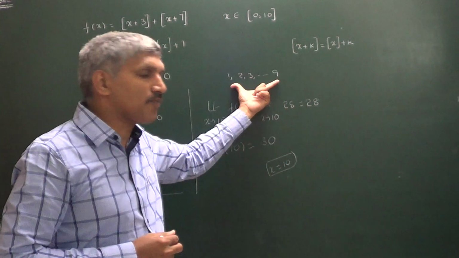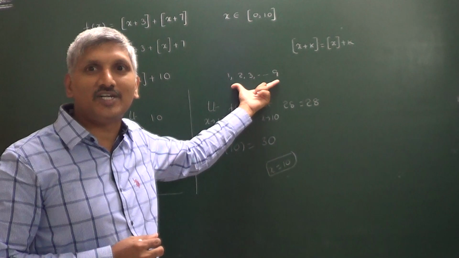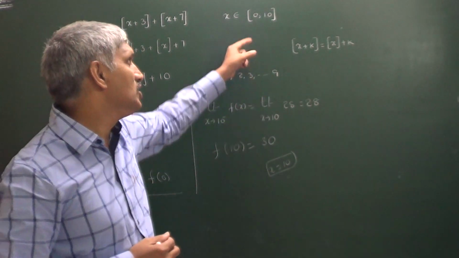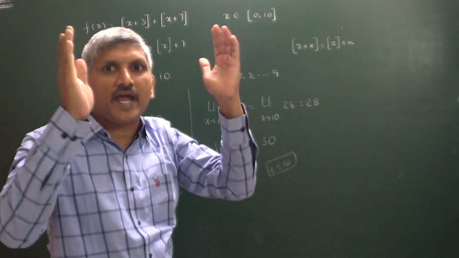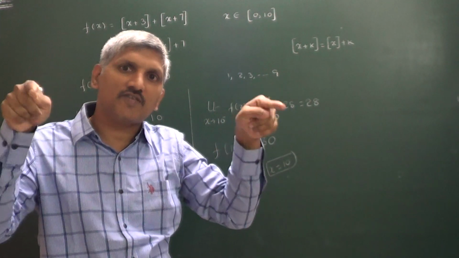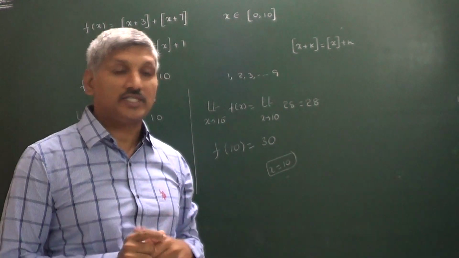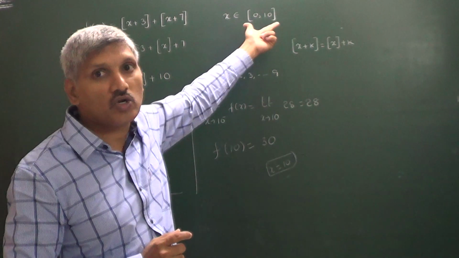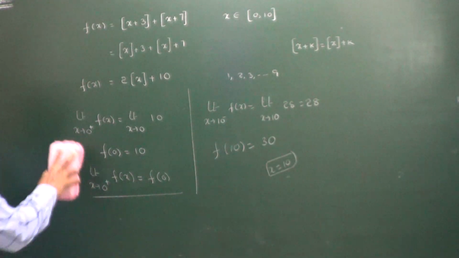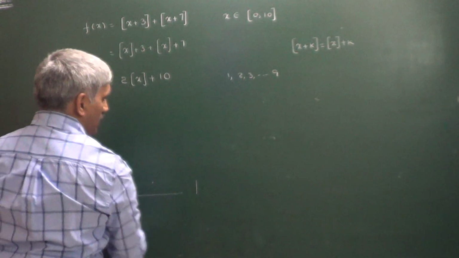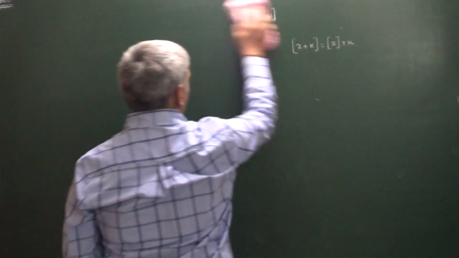So these are all the points of non-differentiability, along with the sharp edges at 0 and 10, because they are end points. That is about the number of points of discontinuity and non-differentiability for this function.